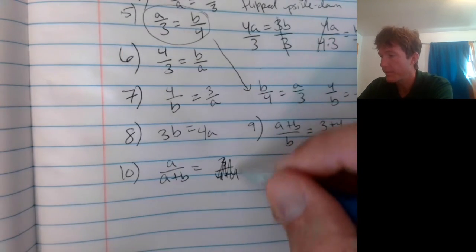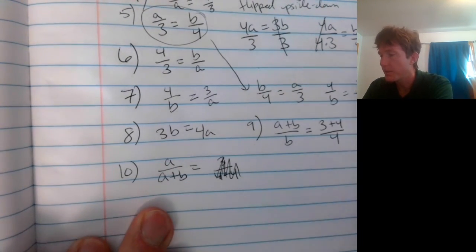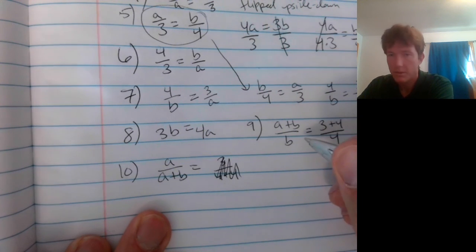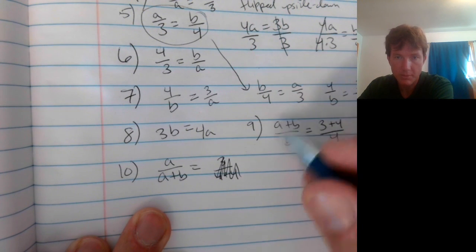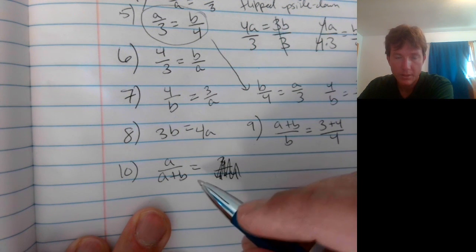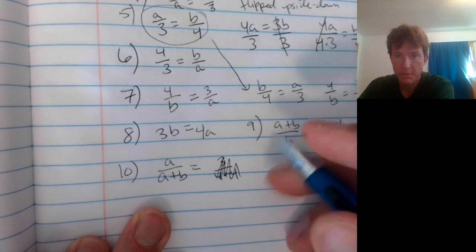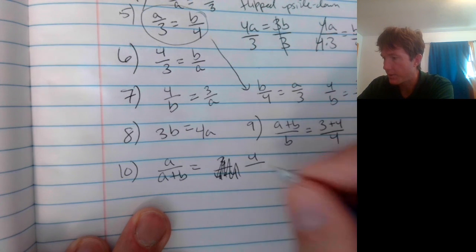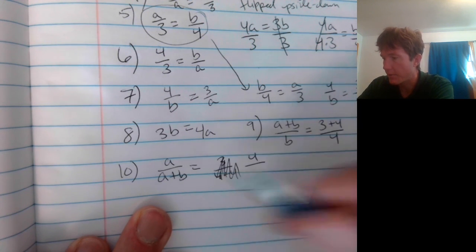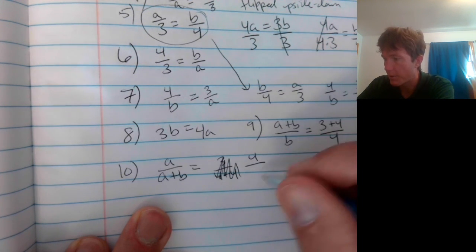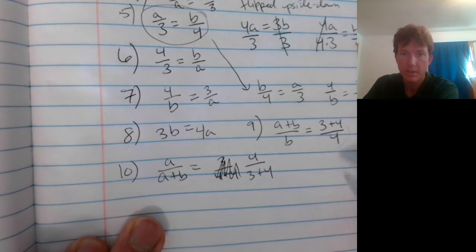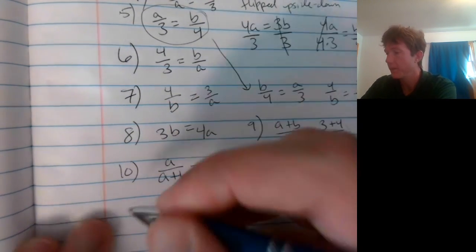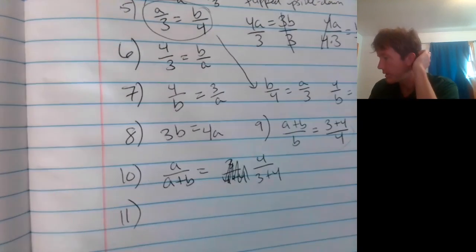That is incorrect. A over a plus b is really just a plus b over b, but upside down. So an equivalent statement to this would be that a over a plus b is equal to 4 over 3 plus 4. So I just took this one over here and I flipped that upside down. Again, we're just talking about equivalent statements here.